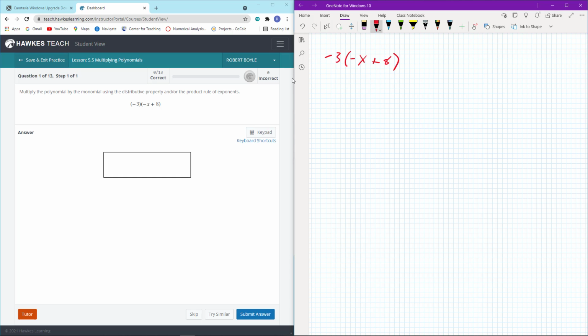Using the distributive law, we will have negative 3 times negative x, and then we will have negative 3 times 8. All right, well, negative 3 times negative x is positive 3x. And then negative 3 times 8 is negative 24. And there you are.